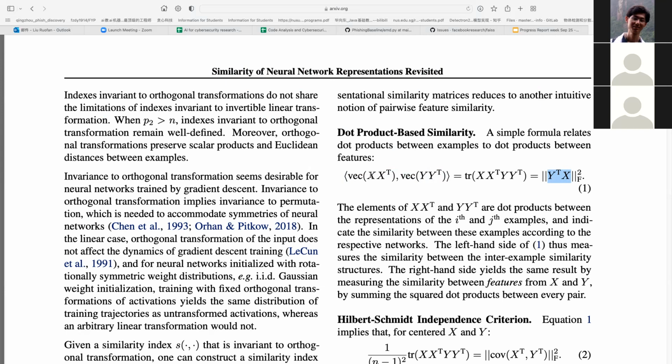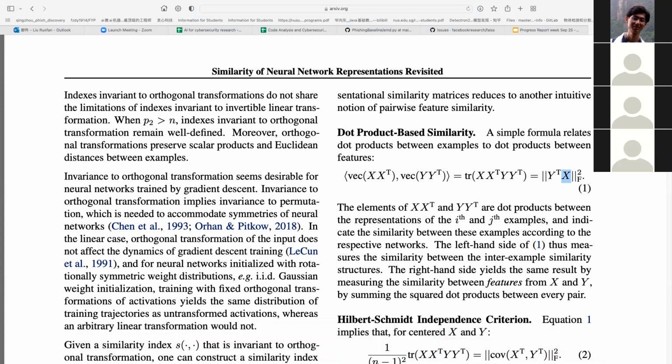How can Y transpose times X in this case? Oh, because the second dimension of Y transpose should be the number of samples, and the first dimension of X should be the number of samples. So I see. The dimension aligns, but the feature dimension may not be the same, but you can compute. Yeah. I see.